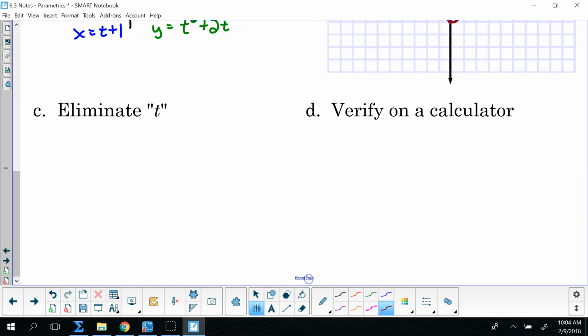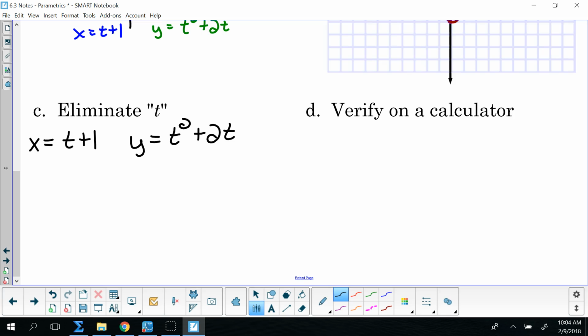Next, we need to eliminate the t. So let me bring back what they were. X equals t plus 1 and y equals t squared plus 2t. How am I going to eliminate t? Michael.